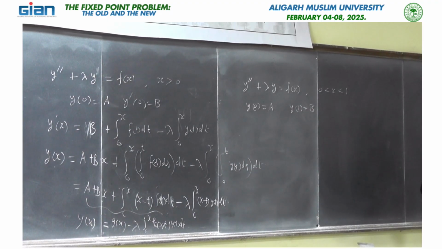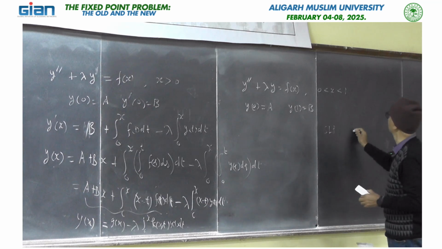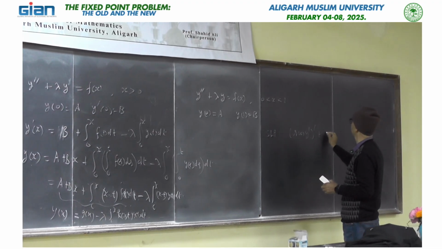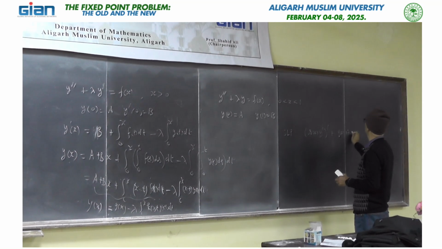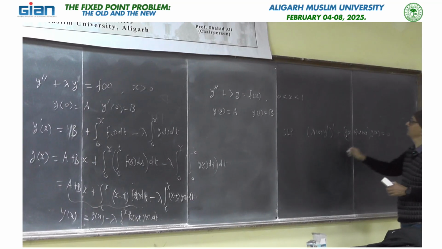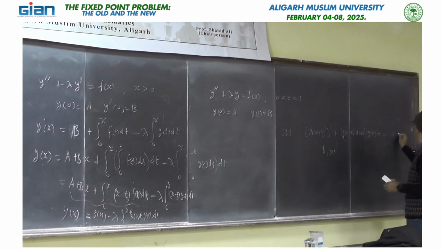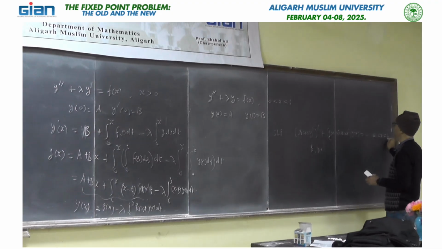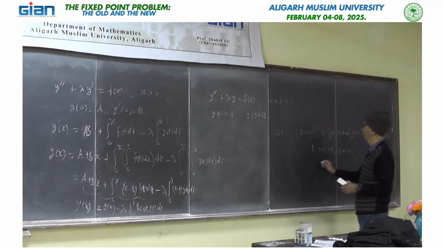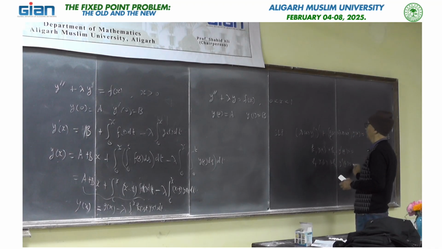Usually you have an SLP, and the general SLP is like this: you have certain r(x) y prime, prime, plus q(x) plus lambda r(x) times y(x) equal to 0, for a less than x less than b, and then you have boundary conditions like k1 y(a) plus k2 y prime(a) equal to 0, and L1 y(b) plus L2 y prime(b) equal to 0.